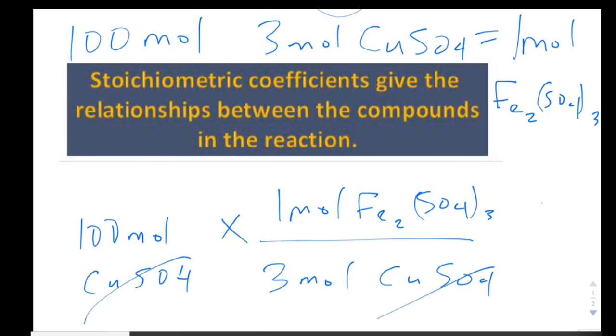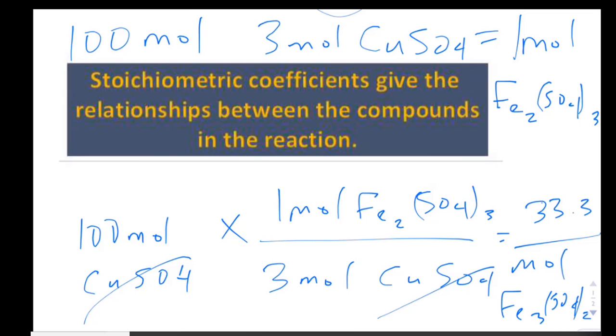So I can convert from copper sulfate into iron sulfate using the stoichiometric ratio, right? And so basically, I'm just going to go ahead and divide this out, and that's going to give me 33.3 moles of iron sulfate, right?